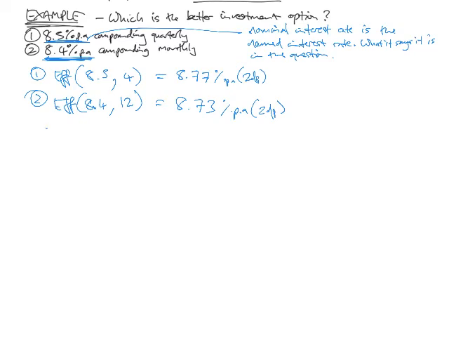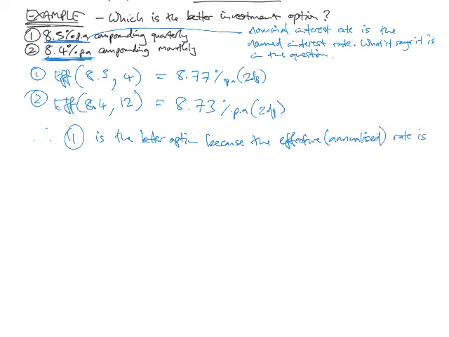So what we can see here, therefore, is that 1 is the better option because the effective rate, or what we've said is also called the annualized rate, is higher at 8.77% versus the 8.73%.